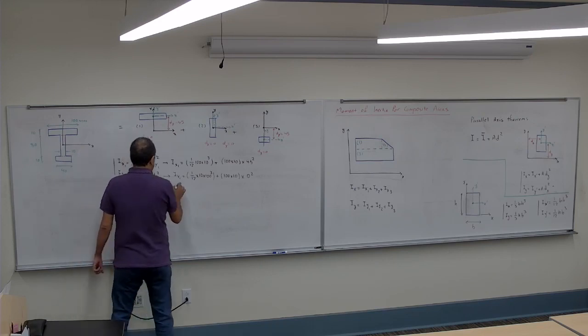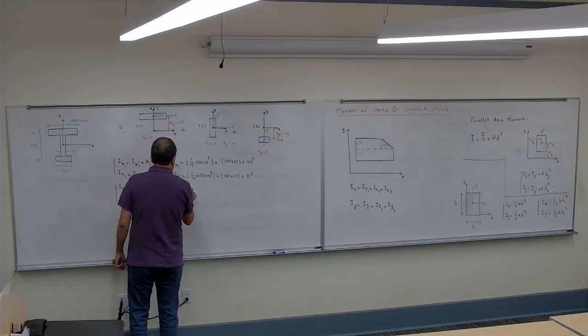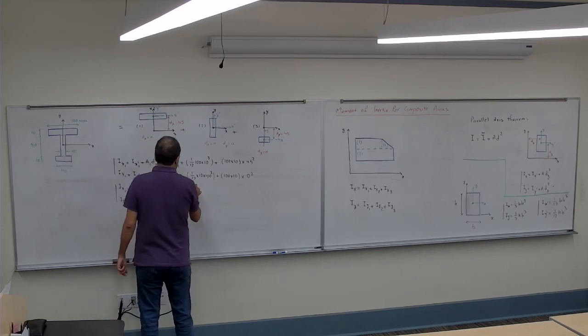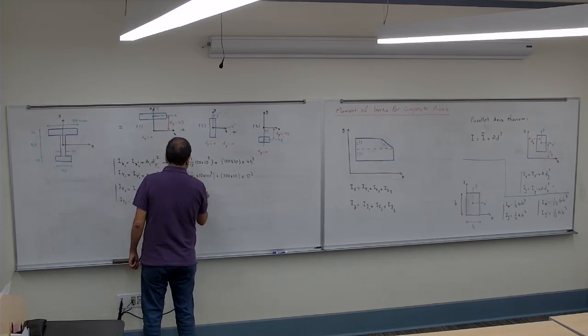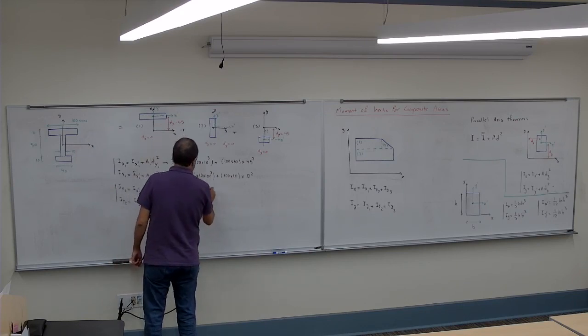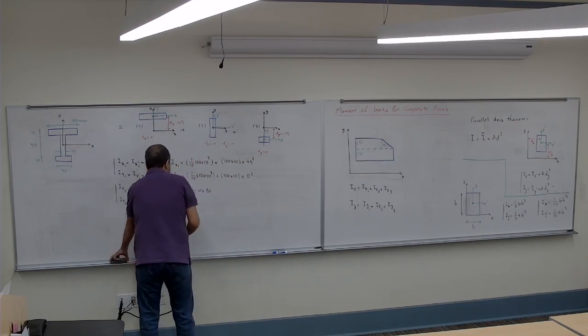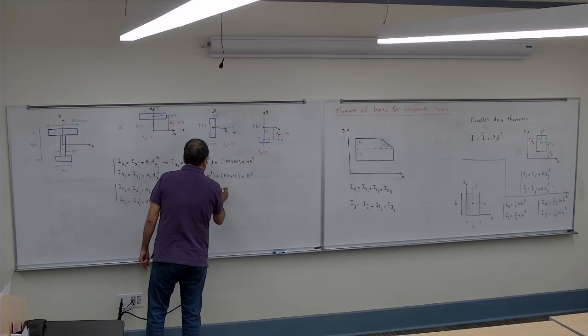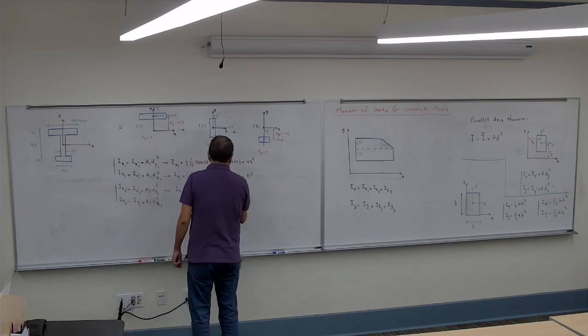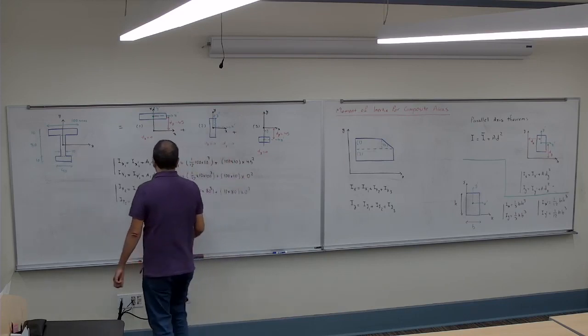So Ix2 is gonna be, for the second one again, 1/12 of b, which is 10 times 80 cubed plus the area, which is gonna be 10 times 80 times 0 squared.